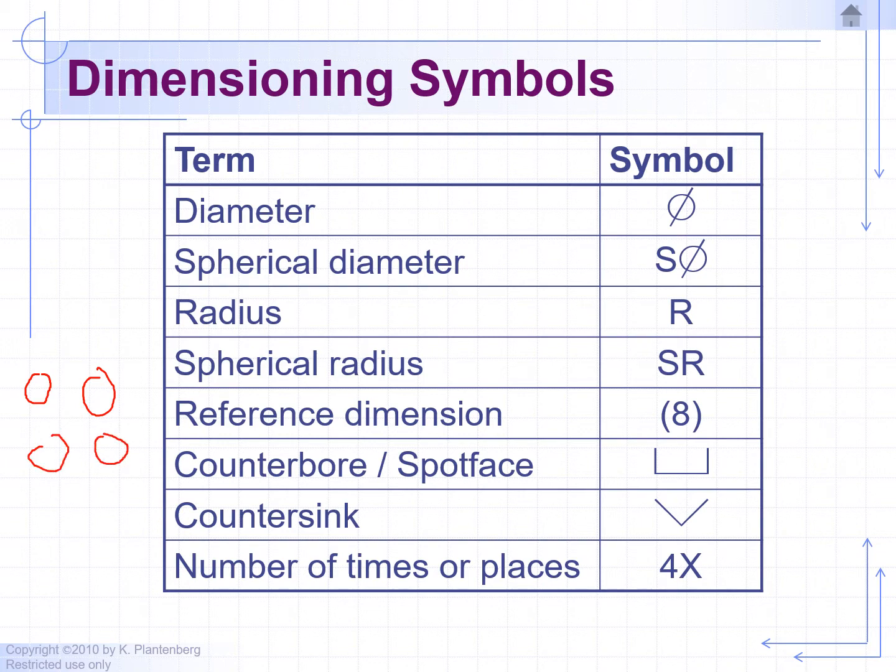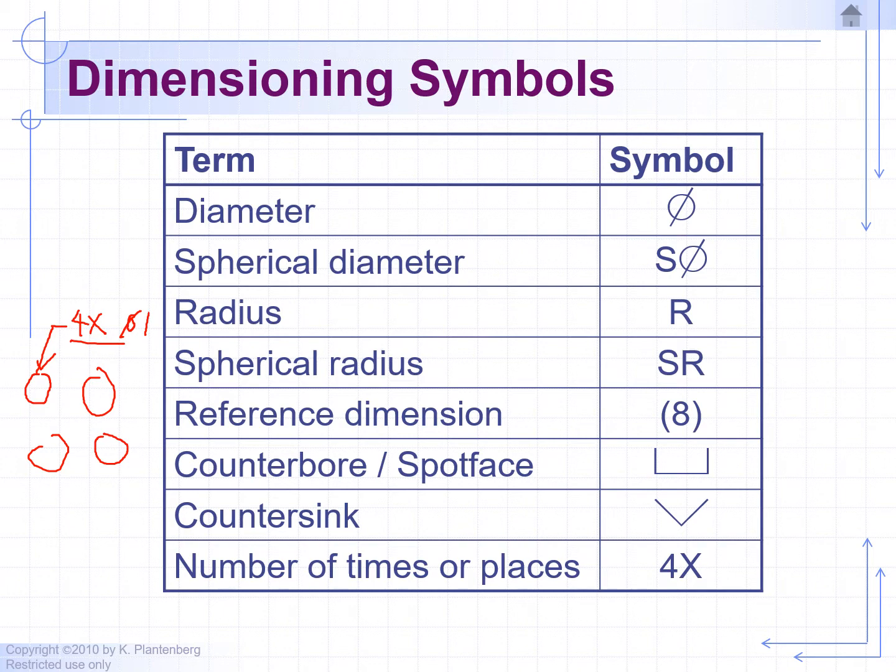Instead of dimensioning each one individually, you can just say, we have 4 holes here. So we're going to use 4x, and we can say diameter of 1.